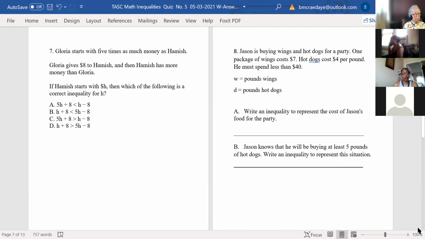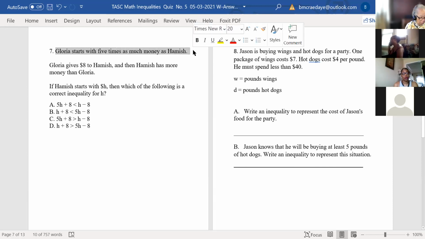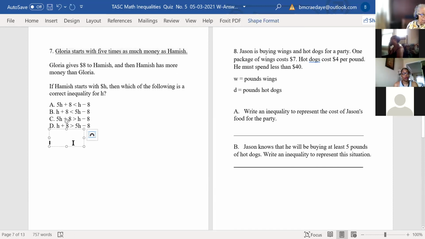Okay. Now, Gloria starts with 5 times as much money as Hamish. Now, Hamish started with H. How would you write that, Maureen? How would you write mathematically that Gloria has 5 times as much money as Hamish?